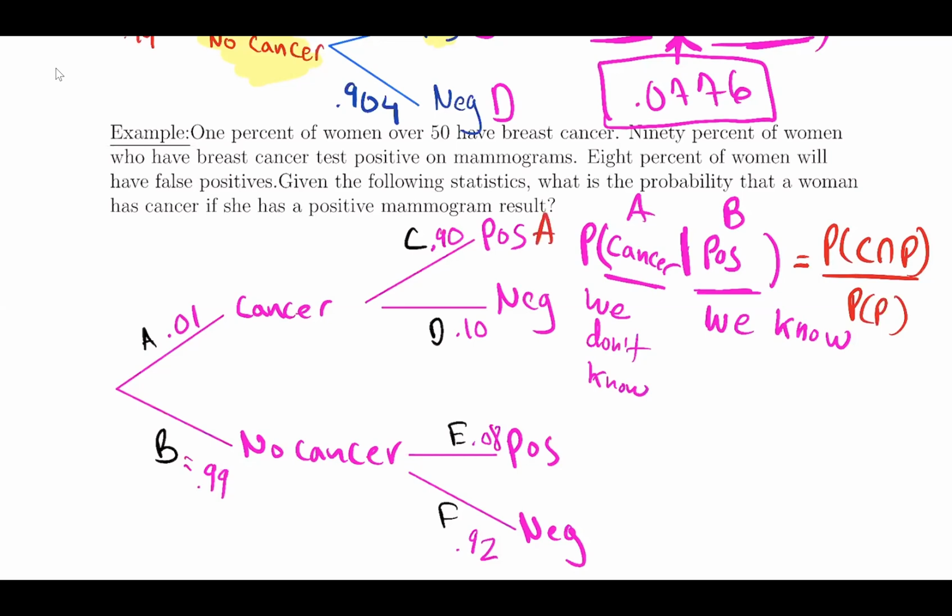I'm gonna label them A, B, C, and D. Which branch should I use if I want cancer and tested positive? Perfect, so you want to use A. For A, you're gonna use 0.01 and 0.9. So that would go on top: 0.01 times 0.90. All right. Any question why that goes on top?